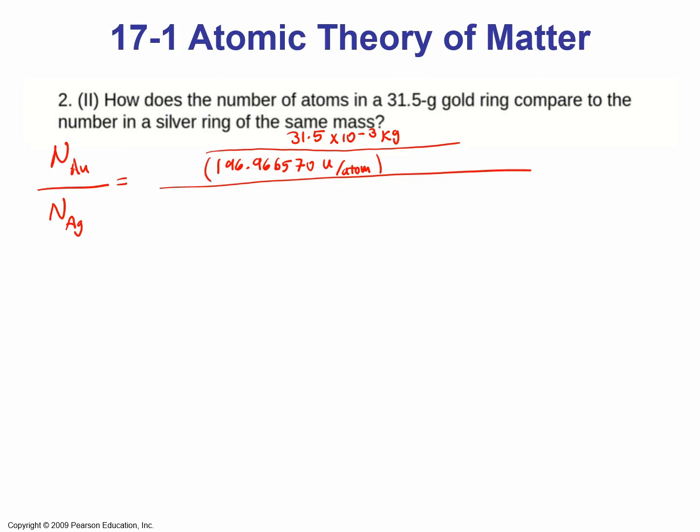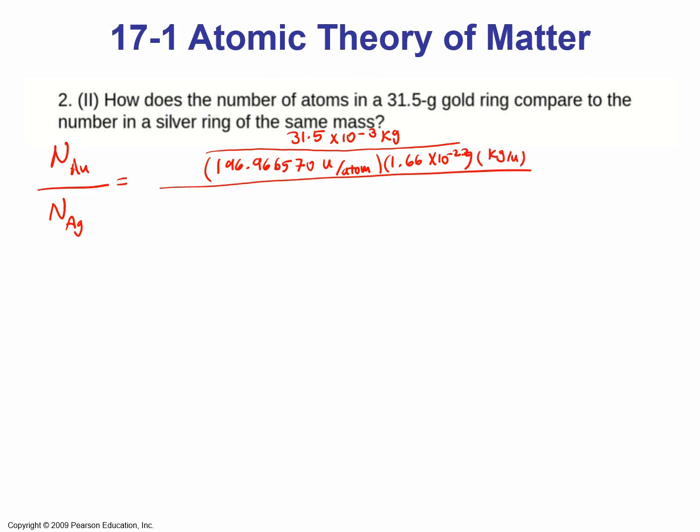We can convert atomic unit U to kilogram, as I said from the first slide, with 1.66 times 10 to the minus 27 kilogram per U.